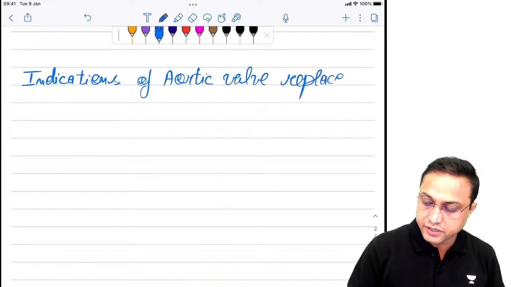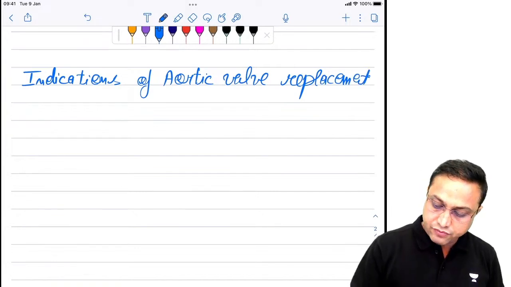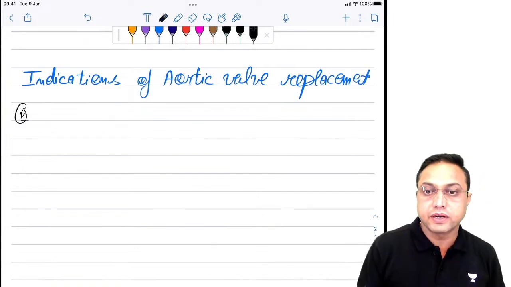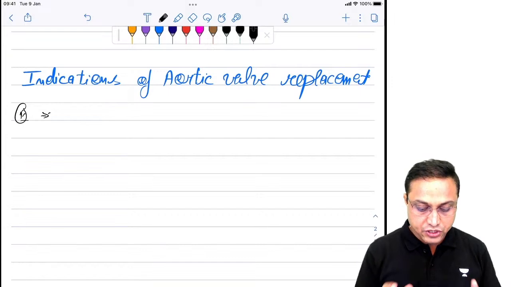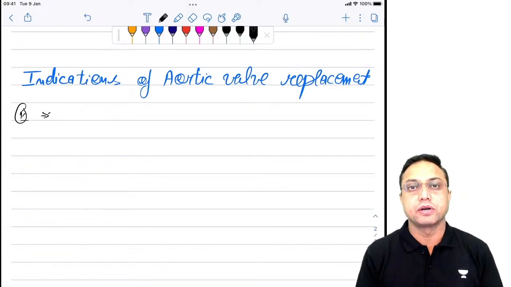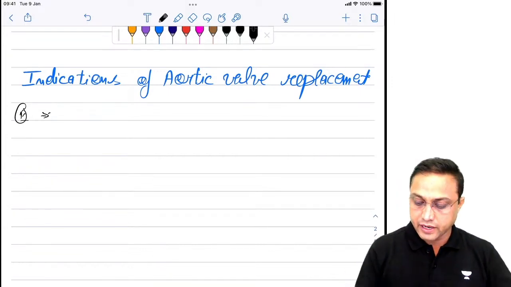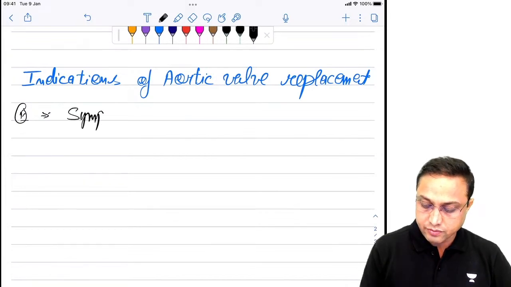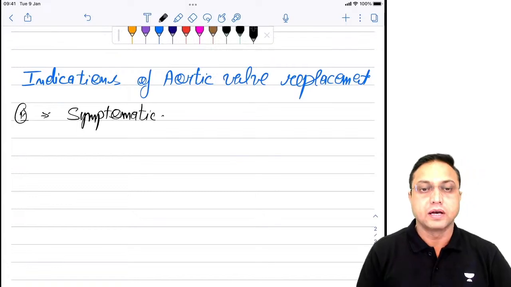What are the indications, beta? The very first indication is this: the patient should be a symptomatic patient. Means the patient should have symptomatic aortic stenosis, right?